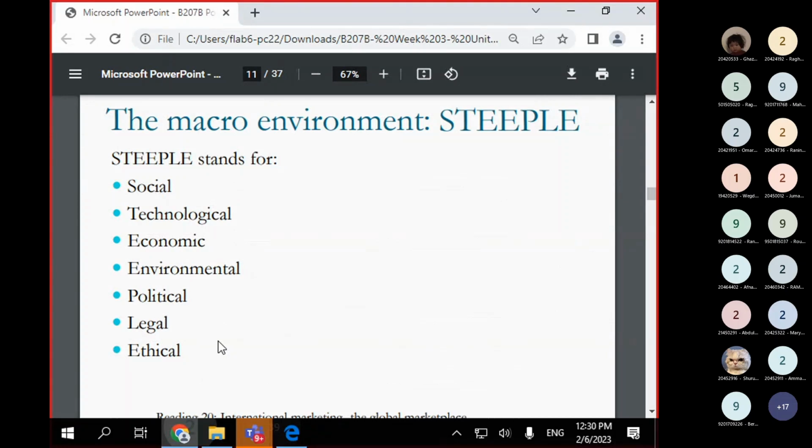Why is it important to understand these factors in Dubai before you jump into a new market? Why do you need to know? Right, it will affect your business because this is your business. The STEPLE factors are the external factors that are affecting your business. And guess what? You have no control over them.